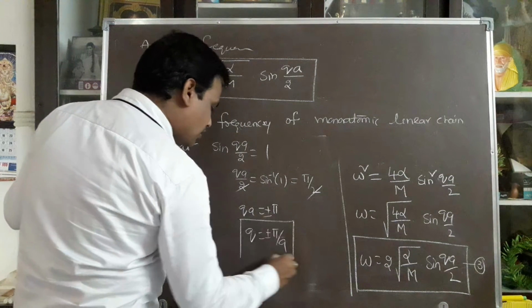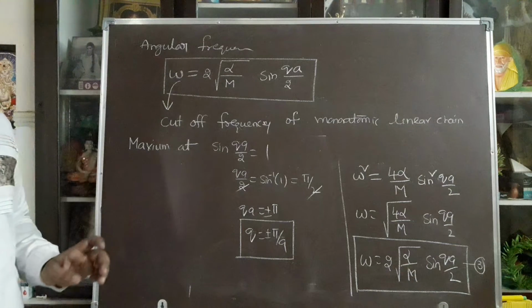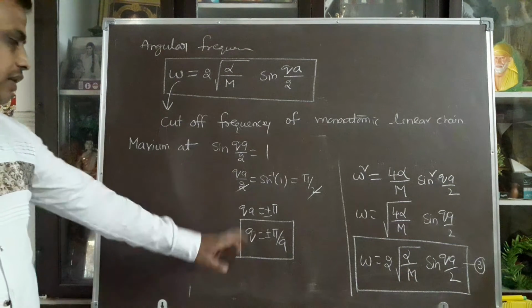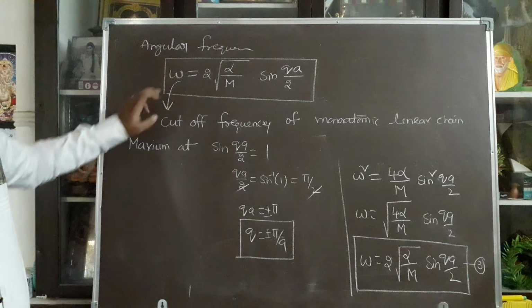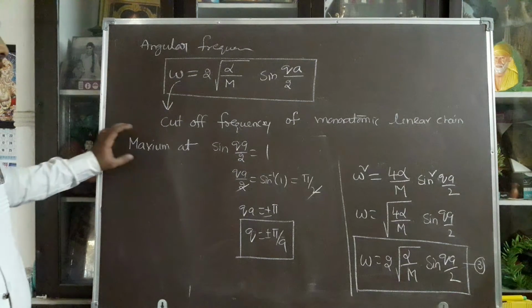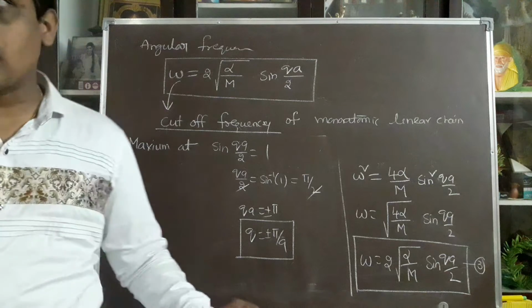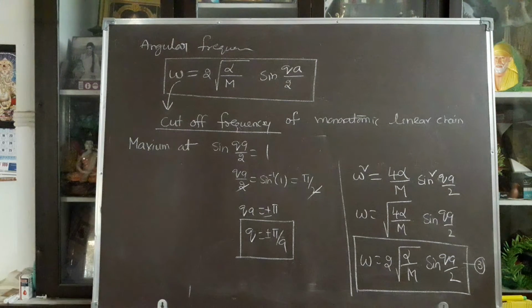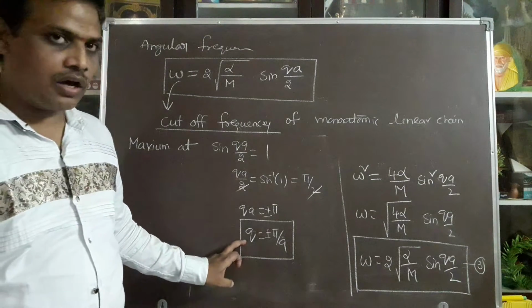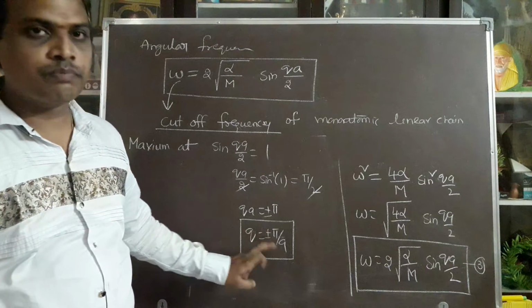So at the condition that the wave vector is equal to plus or minus pi by a, the angular frequency value is maximum. That maximum value can be taken as the cutoff frequency of the monoatomic linear chain.